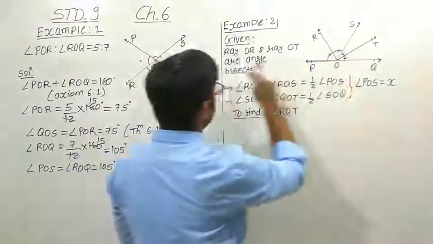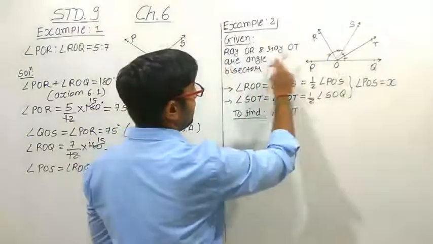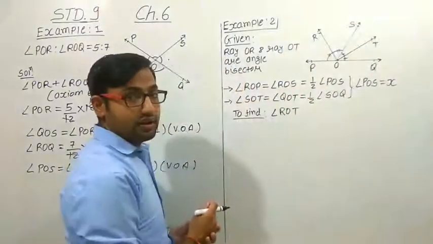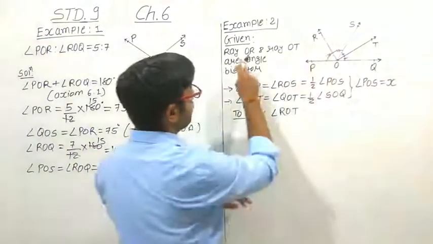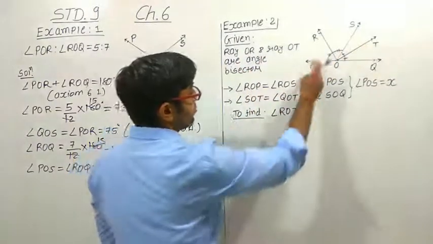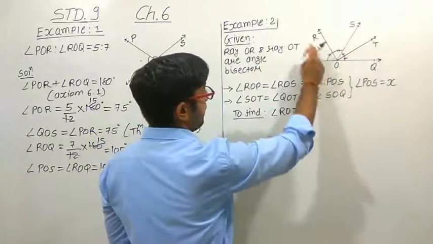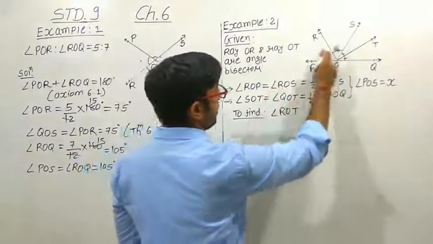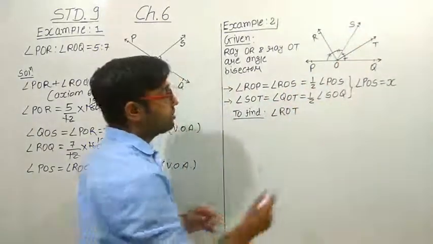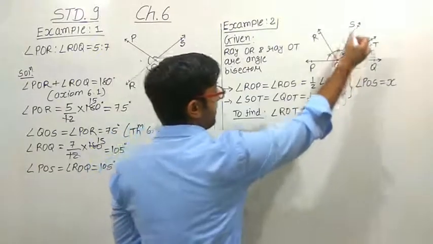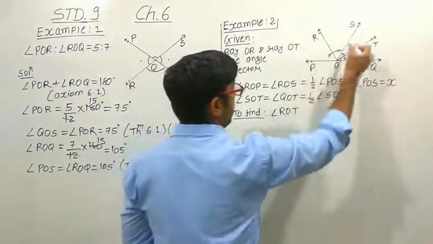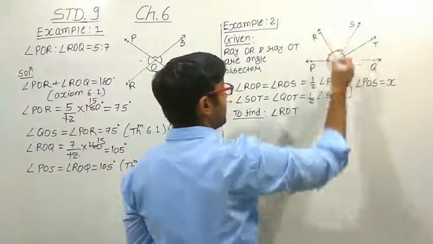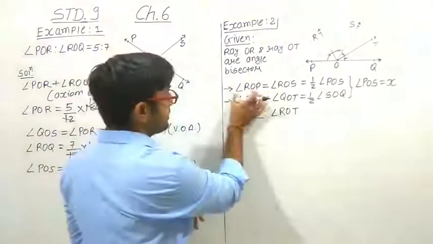So here it is given that rays OR and OT are the angle bisectors. So we can write down that if OR is the angle bisector, then angle ROP is equal to angle ROS, because OR bisects angle POS. This whole angle POS is bisected by the ray OR, so both these angles will be equal.